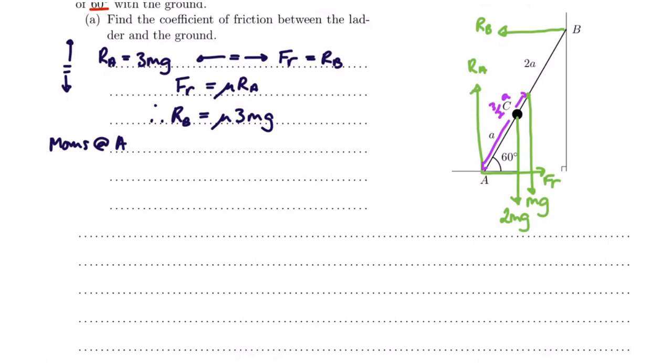Now, I'm going to start with the clockwise moments. So clockwise, we've got, first of all, 2mg. That's the mass that's on at C, and its perpendicular distance to the turning point, the line of action, will be A times cos 60. I'll just indicate that. Can you see it's this distance here that I've just shown in red?